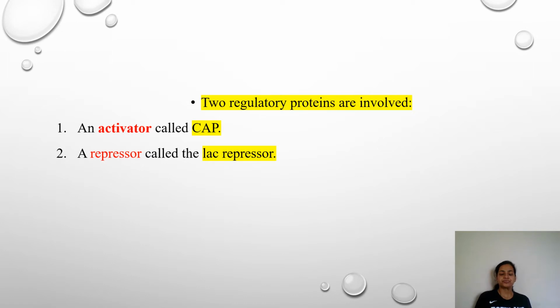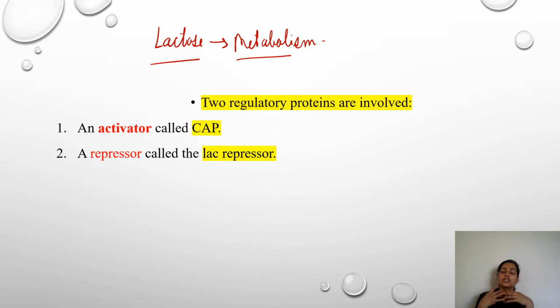Okay, now see here. This lactose operon is generally, I hope everyone you are able to understand now, this is the lactose operon, and it is coding for the genes which are responsible for lactose metabolism. Right? और मैंने अभी आपको बोला कि during the synthesis of a protein, a huge amount of energy is required. So the cell will always want to control the expression of the gene. That means whenever the product of the genes will be needed, only at that time the genes will be transcribed or translated.